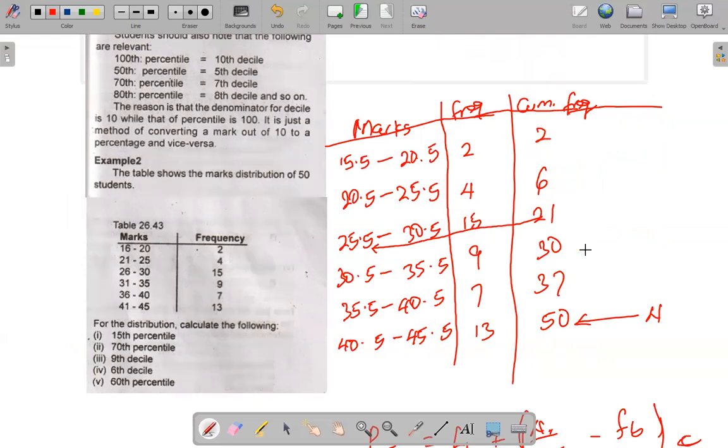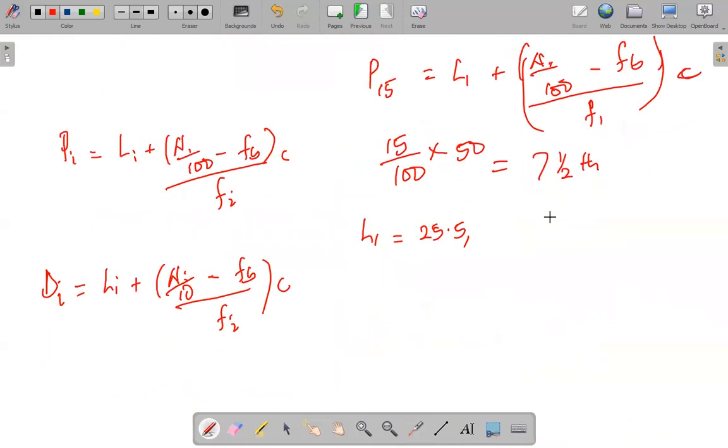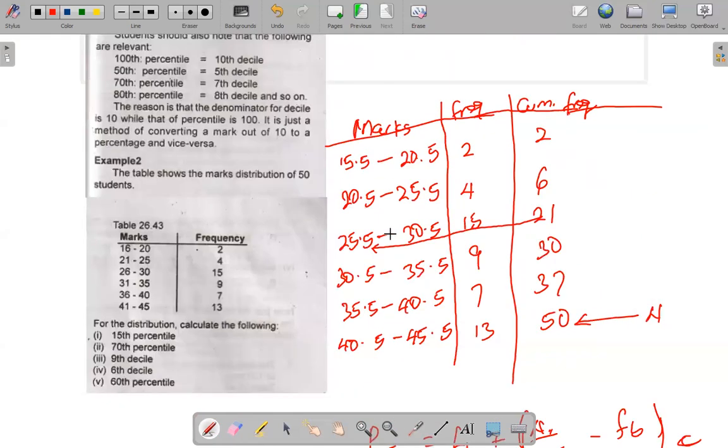The 15th percentile lies in the 7.5th item, which is right here. And what is the cumulative frequency before it? It is 6. So Fb is equal to 6. Fi, on the other hand, is the frequency of the percentile in question. Our 15th percentile lies in the 7.5 position.